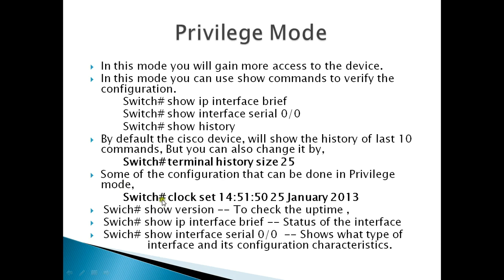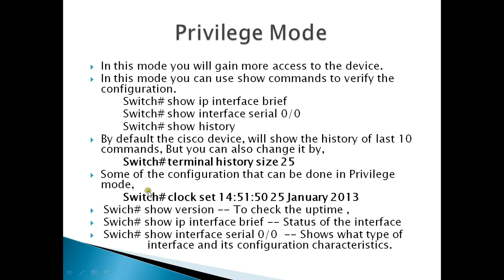What does that mean? This is how you set your clock and time. That can be set in this mode itself. This is the format: clock set, then the time, date, and year. This is the format you have to use to set up the time and date in Cisco routers and switches.